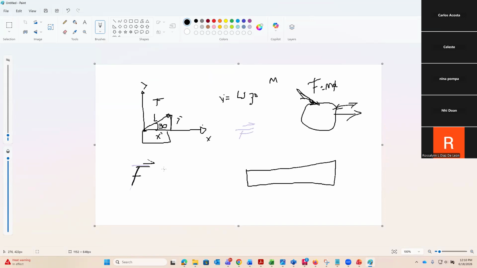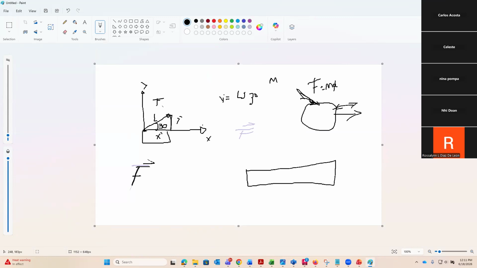It's going to be important because there are physical quantities that are vectors, physical quantities that are not vectors, and physical quantities that are tensors. Right now, we're only dealing with vectors. Other classes like heat transfer and electrostatics have different quantities. Force is a vector. What is a vector? It's a quantity that has a direction and a magnitude.